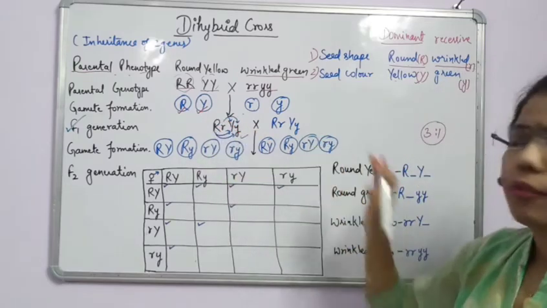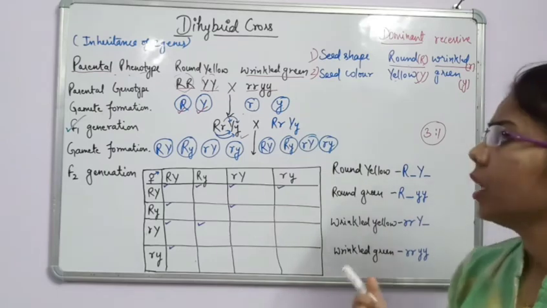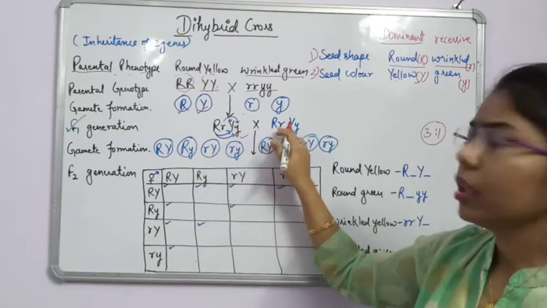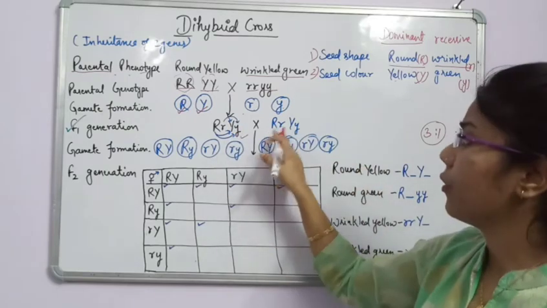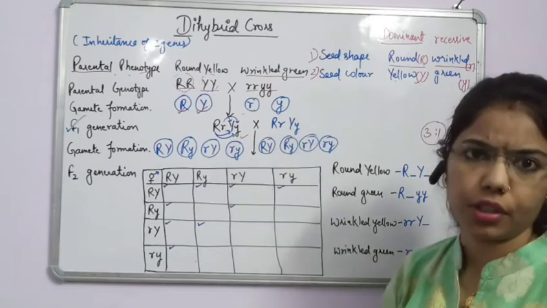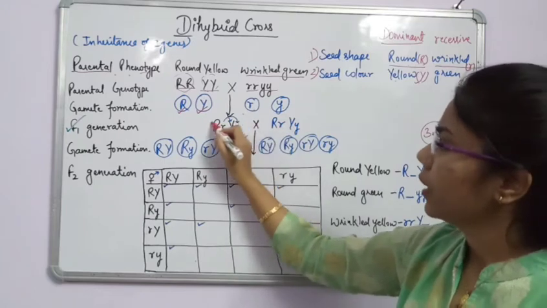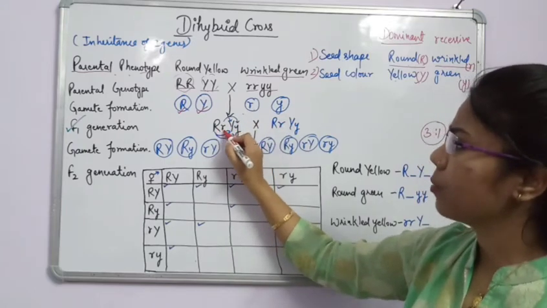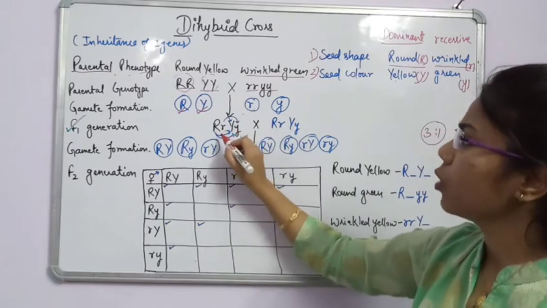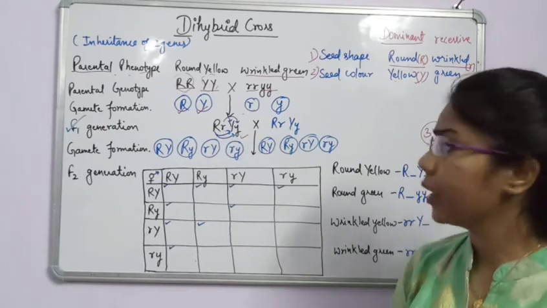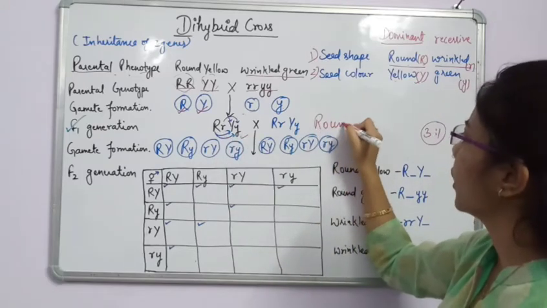Now we know that in monohybrid cross also, we were self-crossing, or selfing, the F1 generation. What is the meaning of selfing? When the plants are the same. So the genotype is capital R small r, capital Y small y. What is it showing? It is showing round yellow. Why?